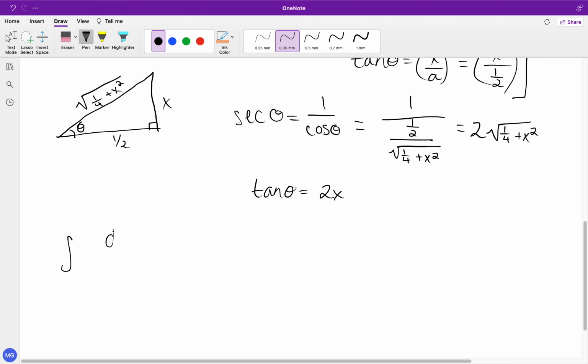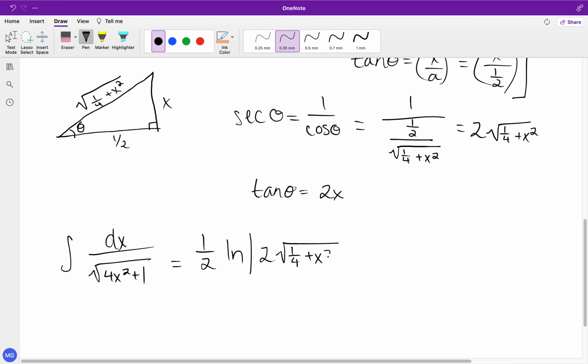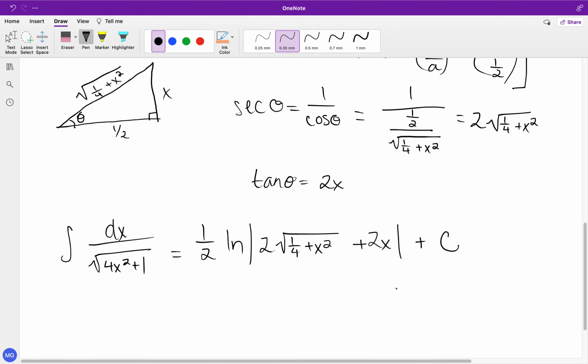Then we can rewrite our integral dx over square root of 4x squared plus 1 as 1/2 ln of 2 times the square root of 1/4 plus x squared plus 2x plus our constant of integration, which we will get here.